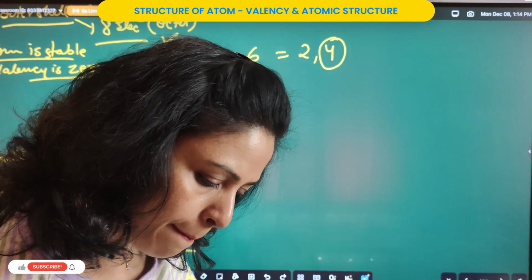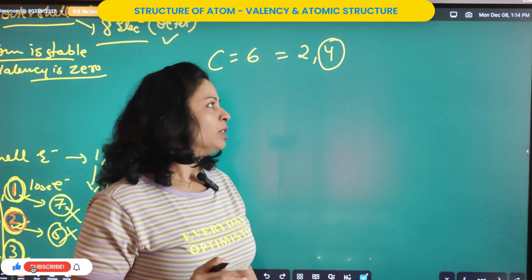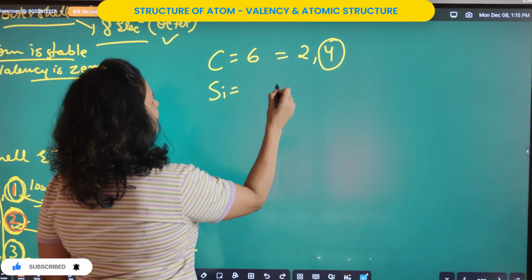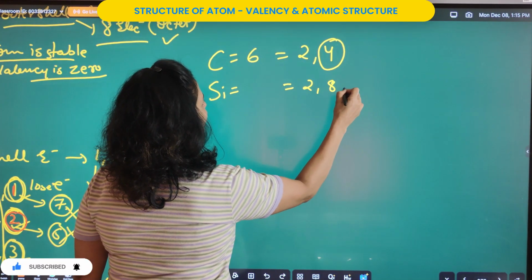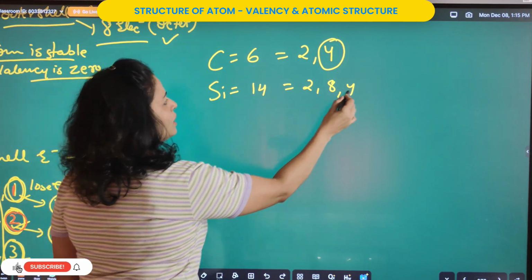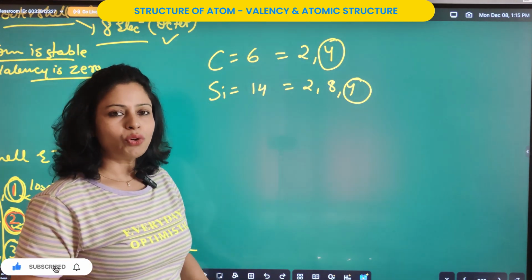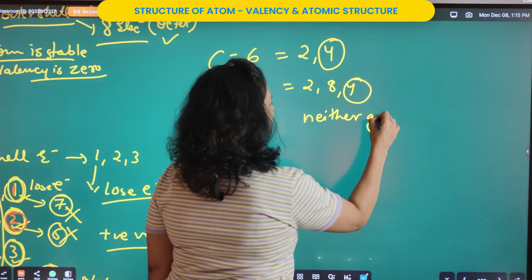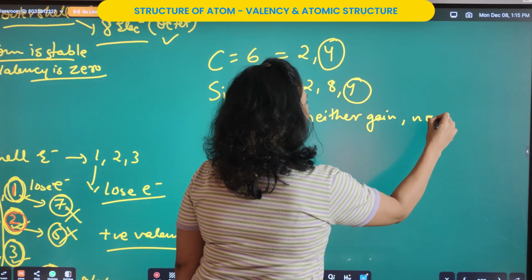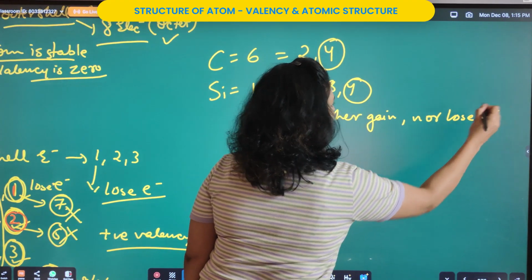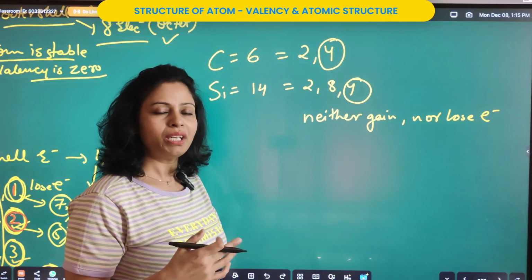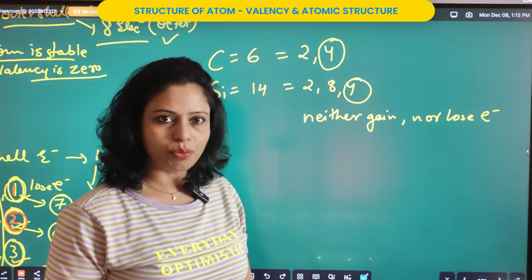Silicon is 2, 8, 4, atomic number 14. When the last shell has 4 electrons, they will neither gain nor lose electrons. They will combine in a different way, forming a different kind of bond. When you go to a higher class, you will study about it.